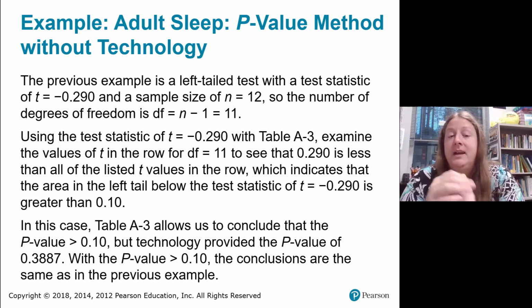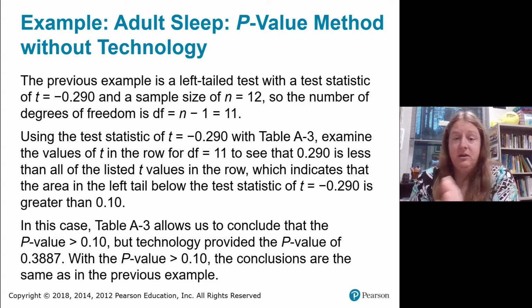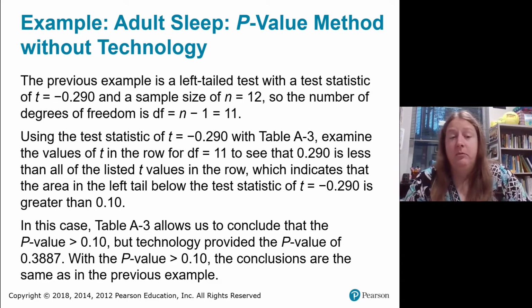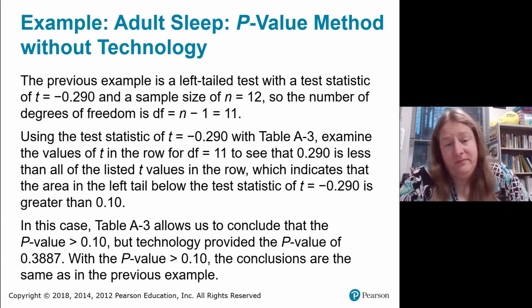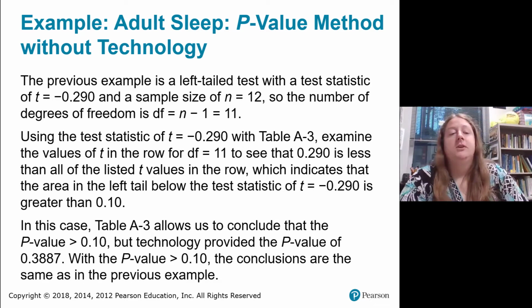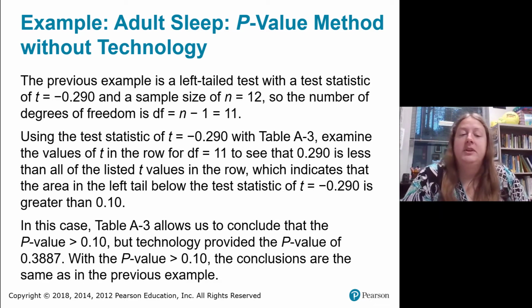All right, and that's all the right tail thing, but again, it's symmetric at 0, so putting it as t is negative 0.29, we're still looking at a probability greater than 0.1 of getting a t statistic less than that. So in this case, table A3 is allowing us to conclude that the p-value is greater than 0.1.